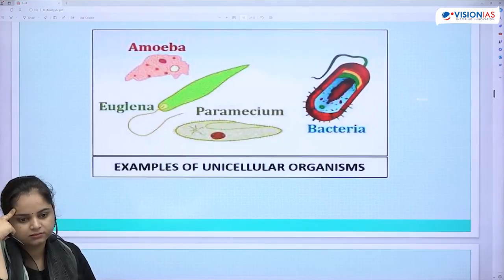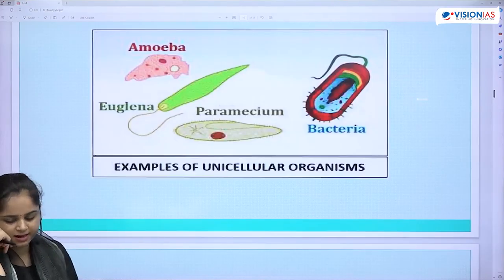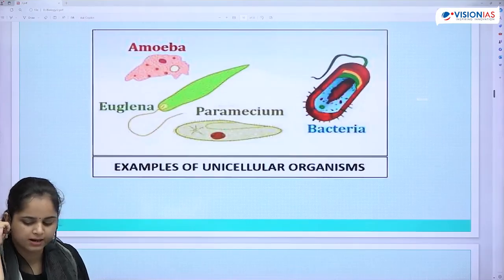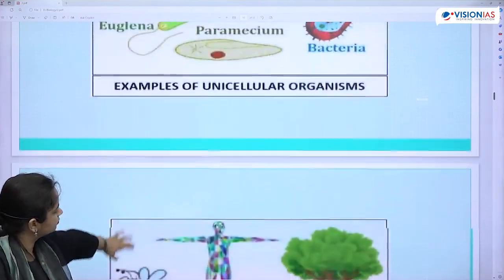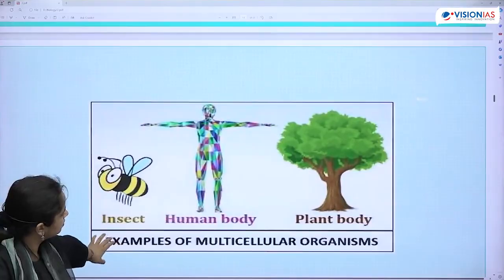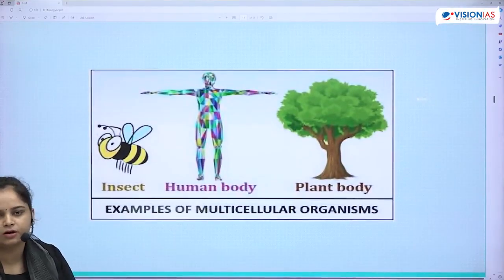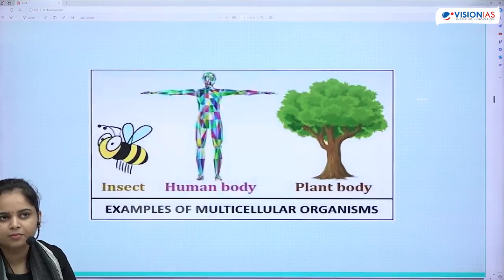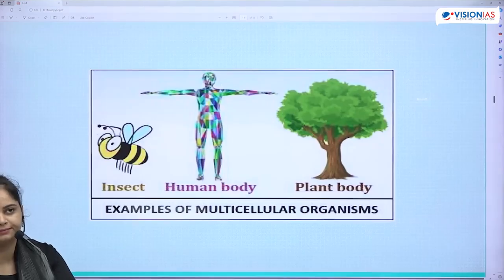The different cells can be specialized for different functions, all of which coordinate to make life possible. And these are some of your multicellular organisms. Insects, humans, plants. They are multicellular organisms. They have more than one cell.